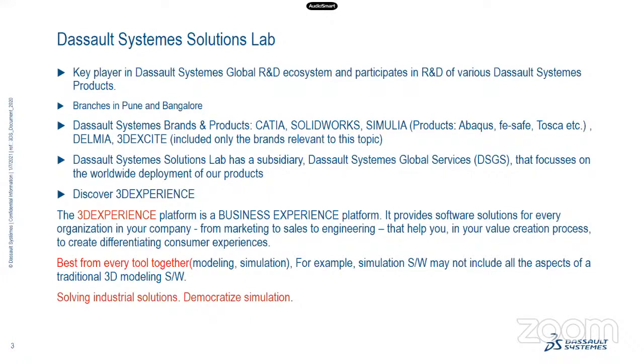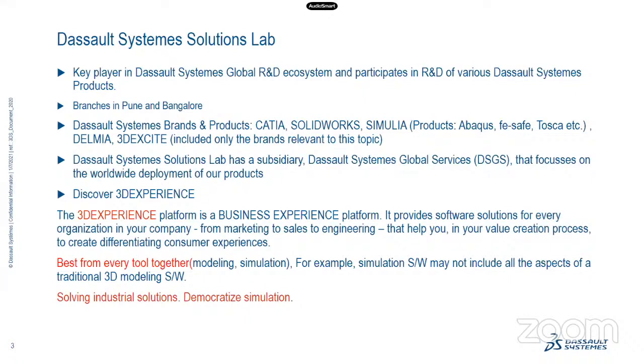CATIA is modeling software, SolidWorks is modeling and simulation, and Simulia, of course, is for simulation. The main focus here is on Simulia. The products in Simulia are Abaqus, Fe-safe, and Tosca. Abaqus is for common structural and thermal types of analysis.